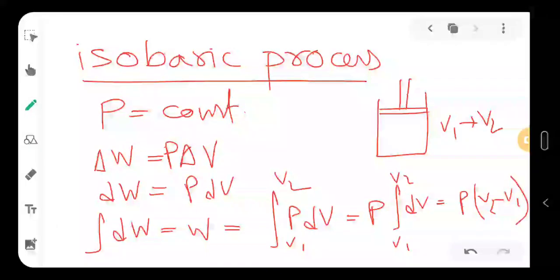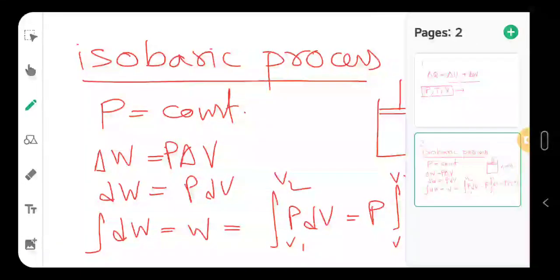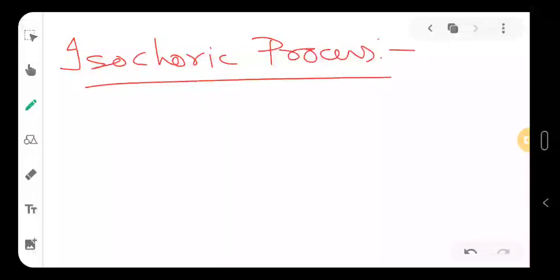Now let us talk about the next process, which is called the isochoric process. What is the isochoric process? Isochoric process means the volume is kept constant. So whenever the volume is kept constant, obviously the change in volume dV will be zero.